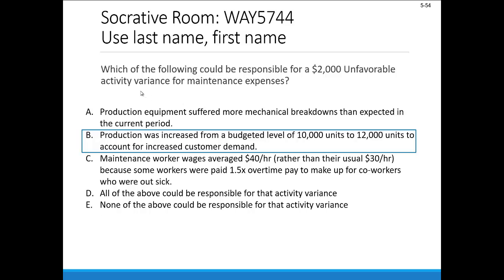As we mentioned in the previous example, activity variances come about because of a difference in our planned level of activity and our actual level of activity. They do not speak in any way to our usage of inputs, the price of those inputs, or anything else, strictly because of a difference in planned activity versus actual activity. So B's our only fit there.